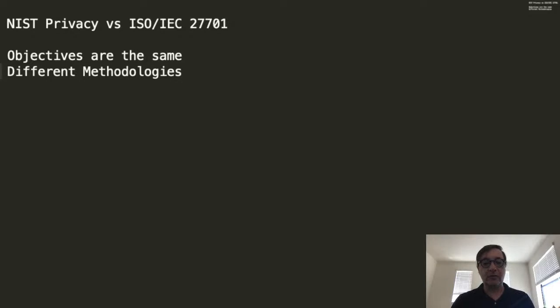But the ISO 27001 is to talk about the intersection between cybersecurity and privacy. So the objectives are quite the same. They are different methodologies because they deal with that differently. Obviously, NIST follows more the NIST framework for cybersecurity, and the ISO follows the ISO framework for information security management, which is the ISO 27001 and 27002.